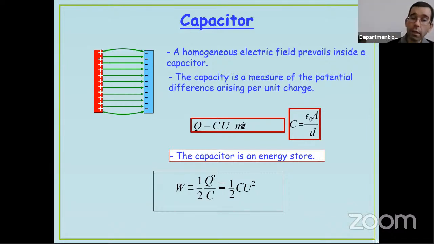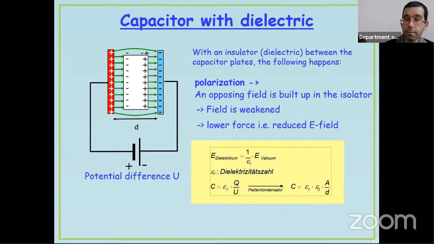It can be calculated according to two alternative formulas. Either it's half times q squared over c, or half times c times u squared, where c is the capacitance of the capacitor, q is the charge on the plates, and u is the voltage between the two plates.